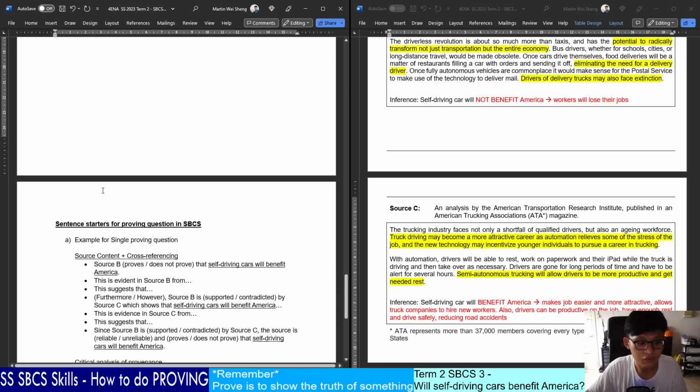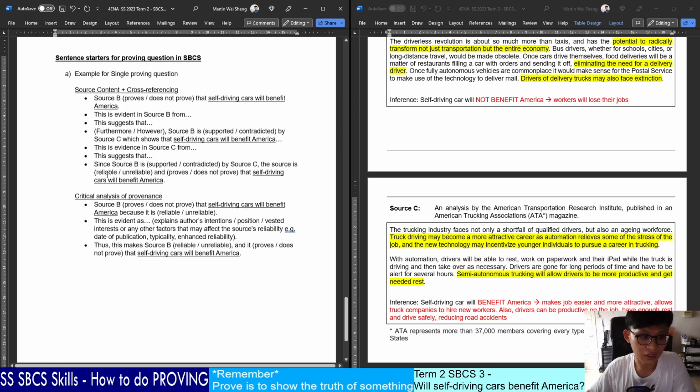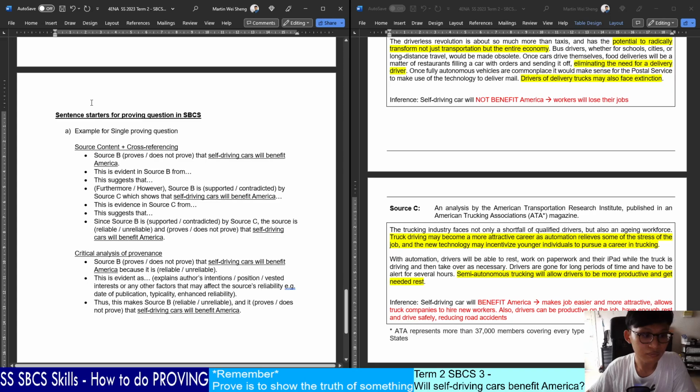So finally, what sentence starters do you use? For a single proving question, it is very straightforward. Source B proves or does not prove. So you answer the question directly, then you give evidence: this is evident from, this suggests that.